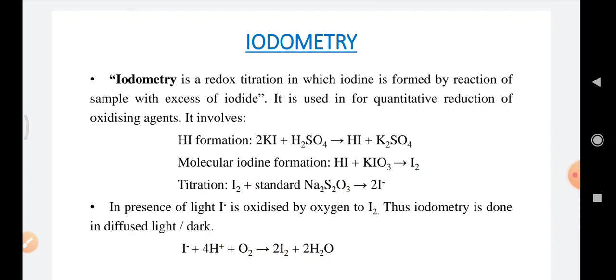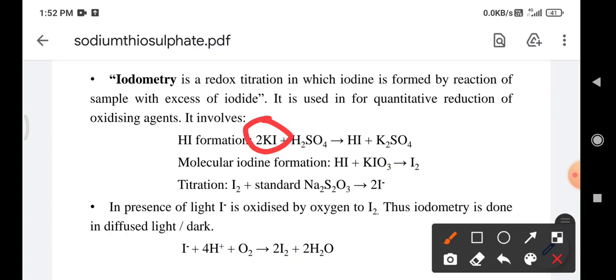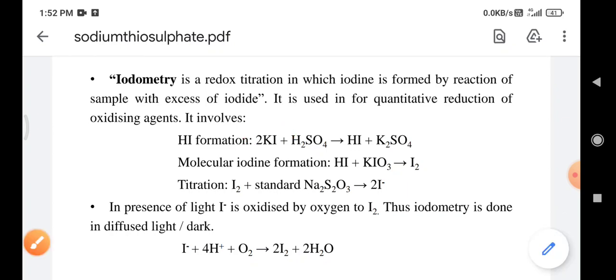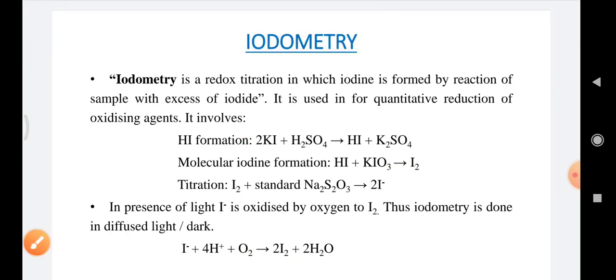The potassium iodide in the reaction is the source of iodine, and it is reacted with H2SO4 because the reaction takes place in an acidic medium. We are using H2SO4 because this is a redox reaction, and H2SO4 will provide the hydrogen ion concentration.